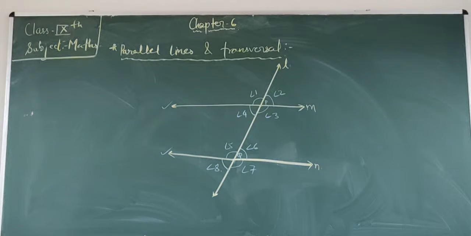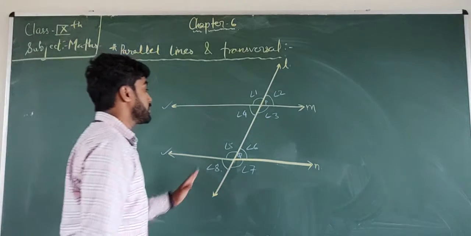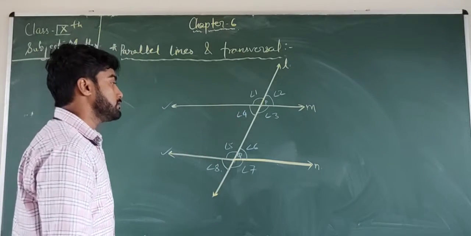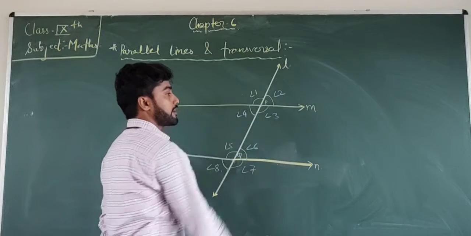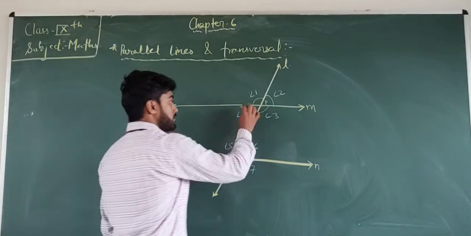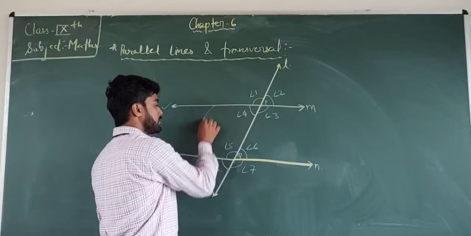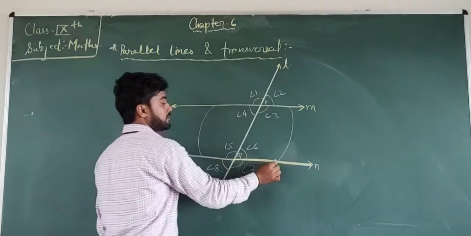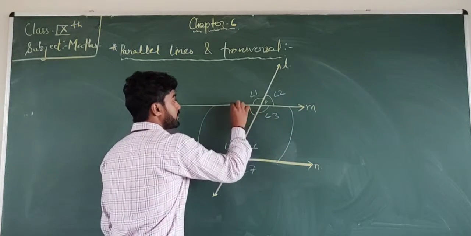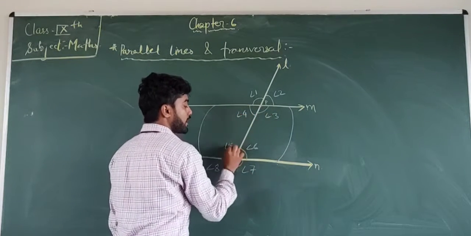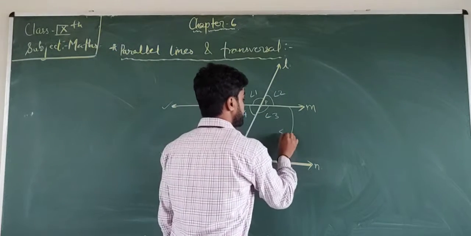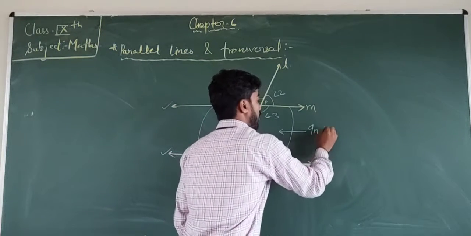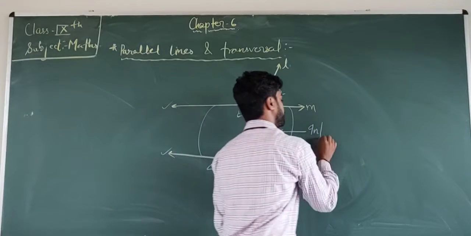Now what we have to do is check which angles are interior angles and which are exterior angles. All these 4 angles that are forming in this section are internal angles, because this is the internal part of these two lines.